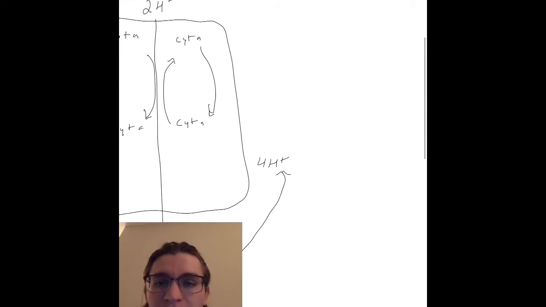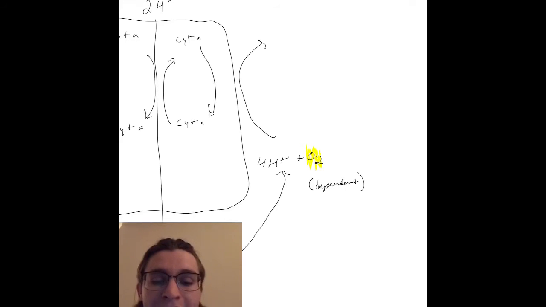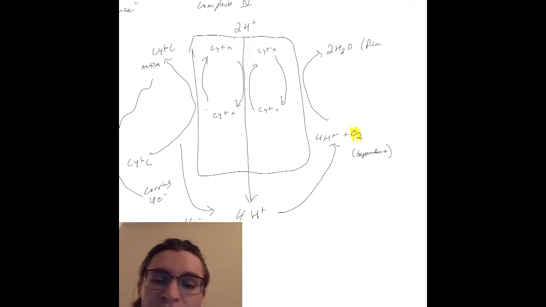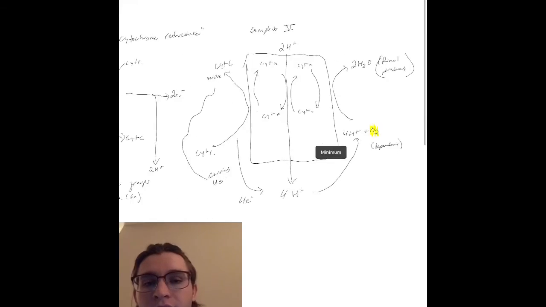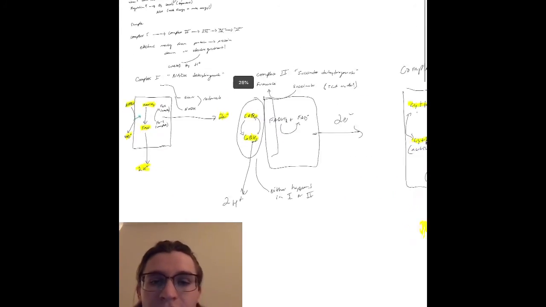So just know for complex 4 that Cytochrome C carries over 4 hydrogens, and we're going to get oxygen from the environment, and it's essential. We can't do this under anaerobic situations, and we're going to create 2 H2O molecules, and we are also going to shift our 2 electrons down the line into our ATP synthase, or complex 5, which is important.